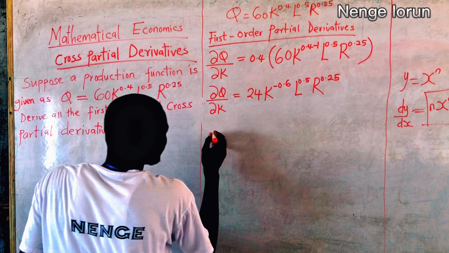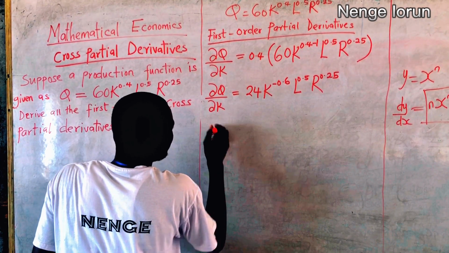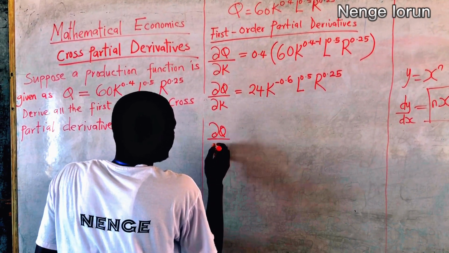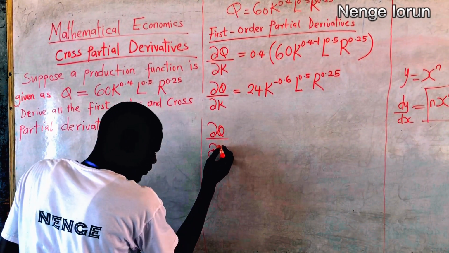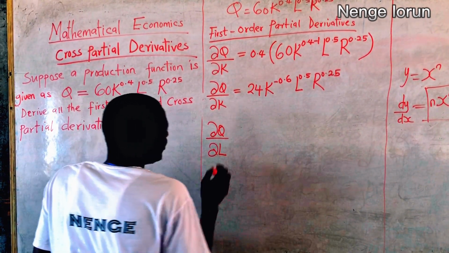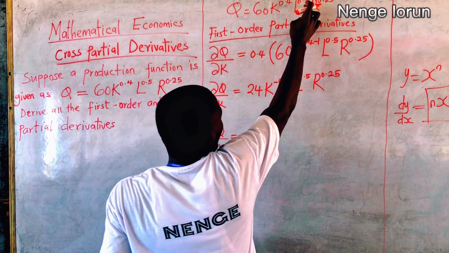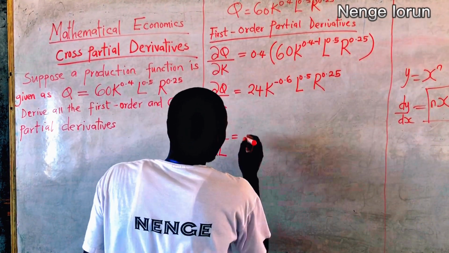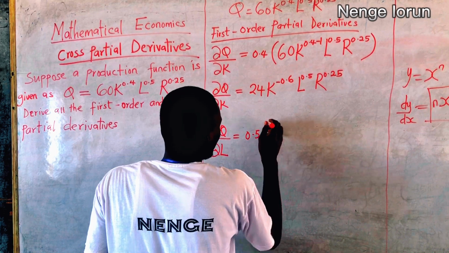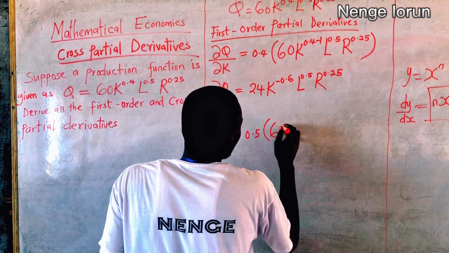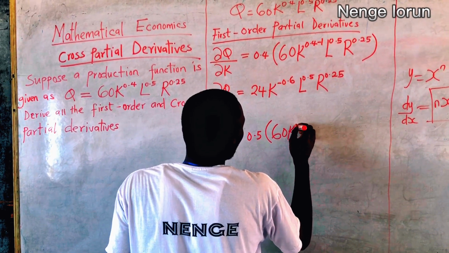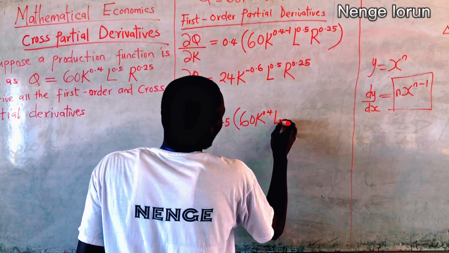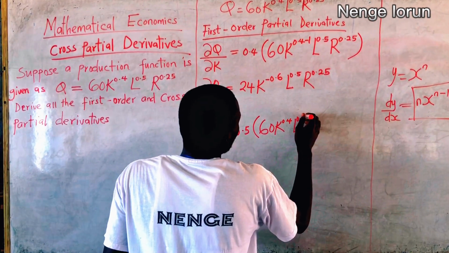So now, the partial derivative of Q with respect to L is equal to the power of L, which is 0.5, times 60K raised to the power of 0.4, L raised to the power of 0.5.